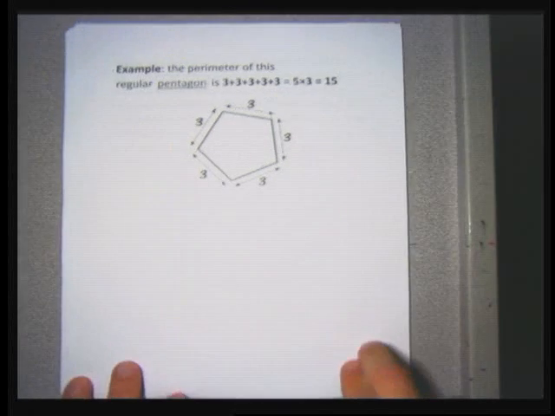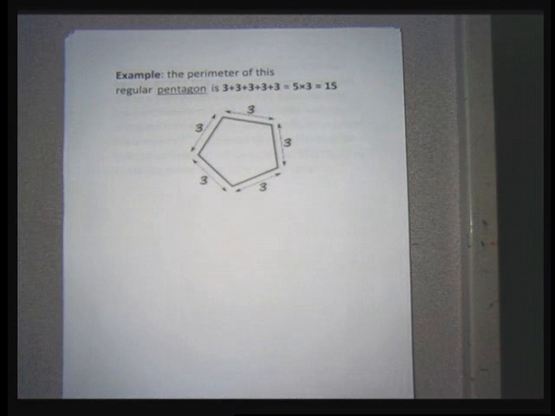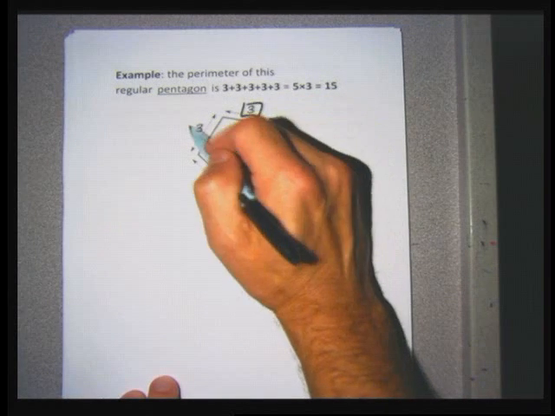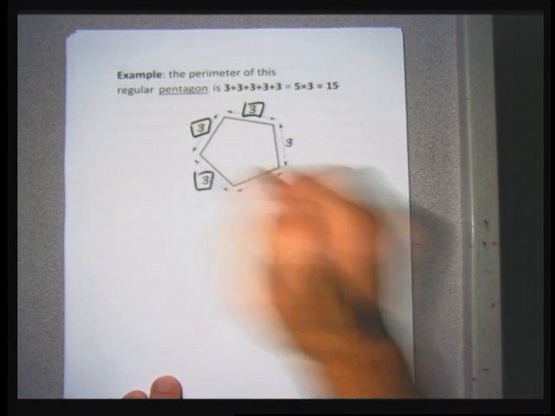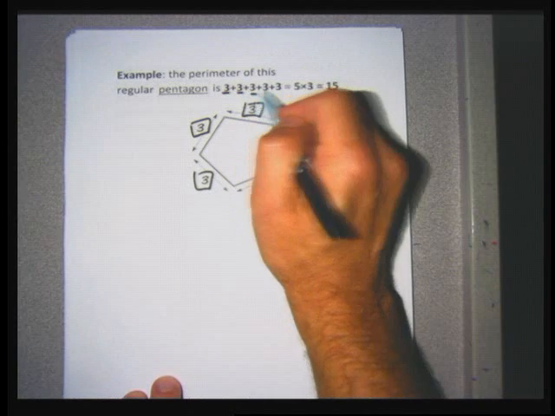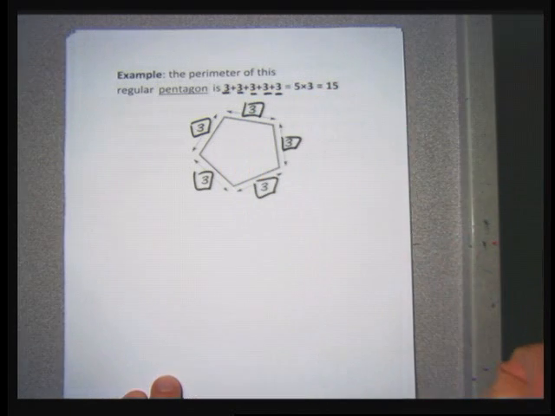So here's another example. There's a pentagon that has 5 sides, and it's a regular pentagon at that because all the sides are the same length. In a pentagon, the sides don't all have to have the same length. But if I just take the 5 sides, each of which are 3, and I add them up, I get 15.